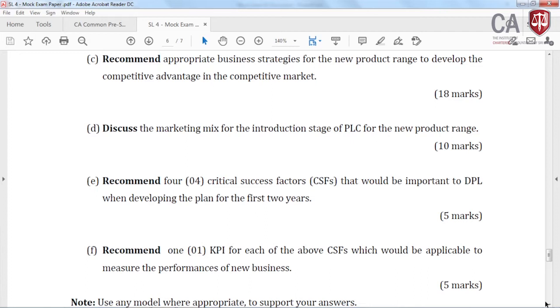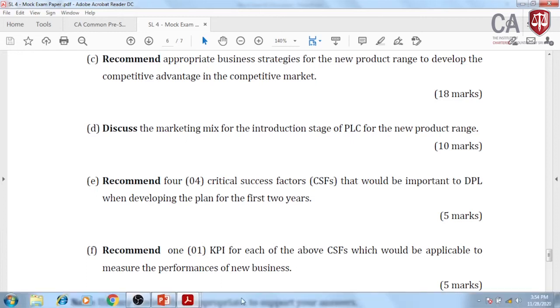Here in part F, it is requested to identify one KPI for each of the above CSFs identified. First of all, we look at what a KPI is.